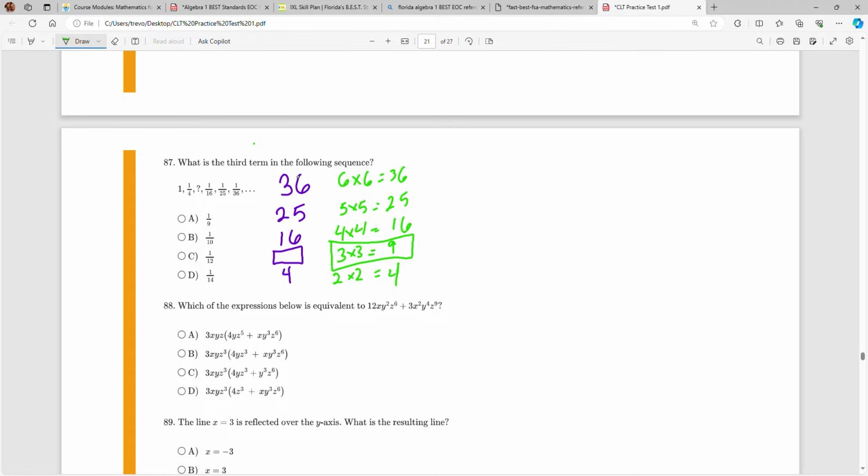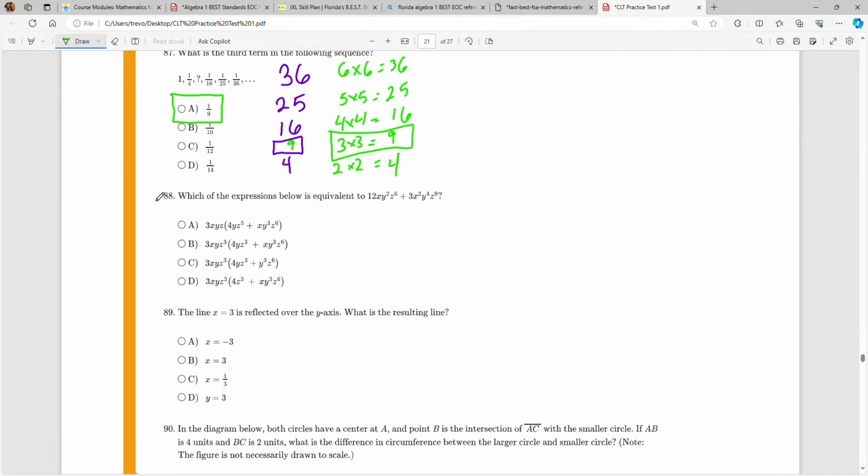And sure enough, I've got a denominator of 9 available for option A, and that is the correct answer. So they're looking for you to know your perfect square numbers and kind of have that memorized for question number 87.